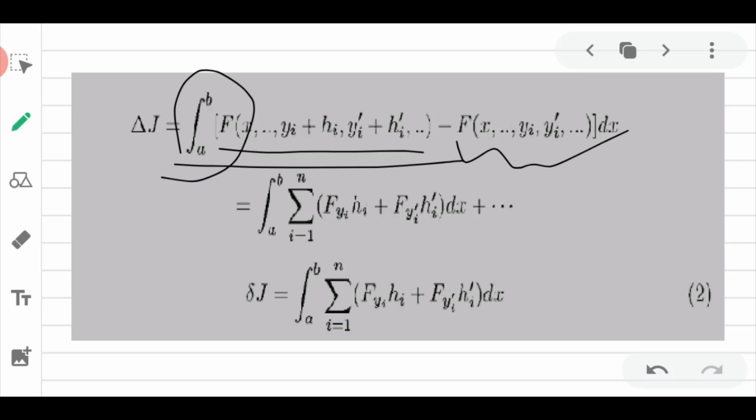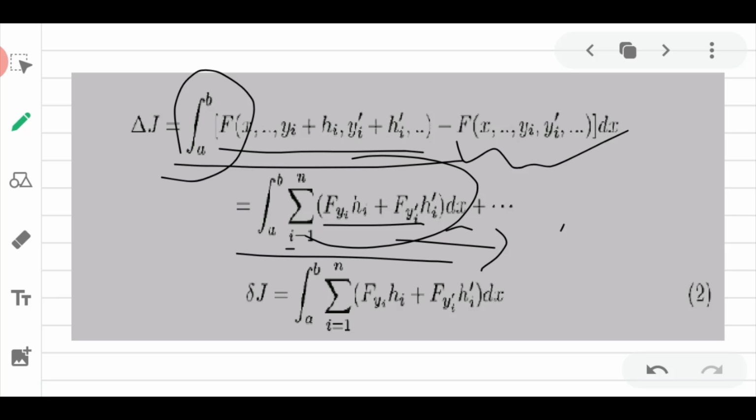Then we use the previous method to reduce this to the integral from a to b of the summation from i equals 1 to n of F sub y i h i plus F sub y prime i h prime i, dx. We use Taylor's theorem for n functions and write just the first order term, neglecting the second order terms, because we are interested in the variation.